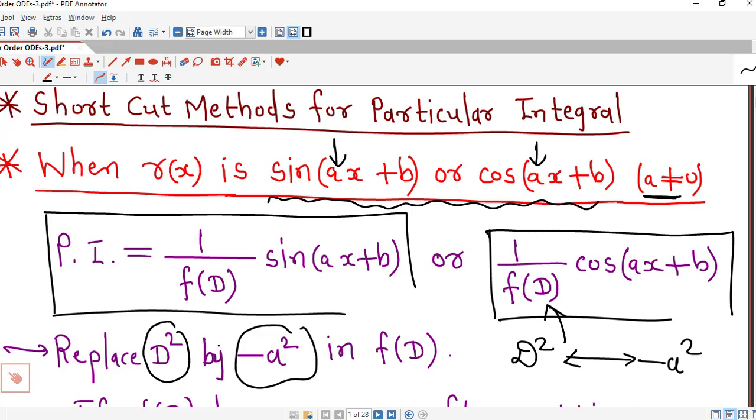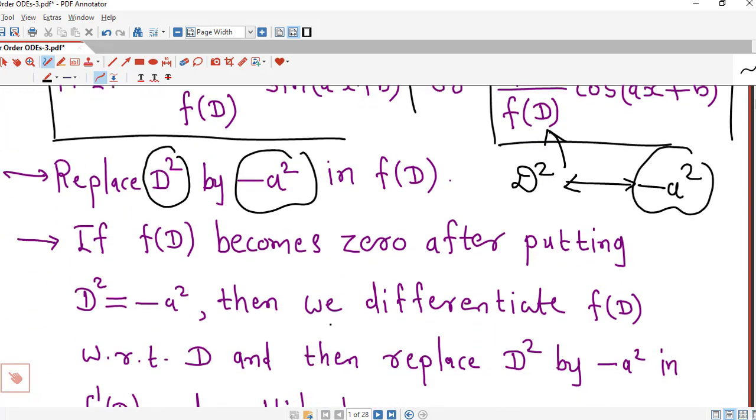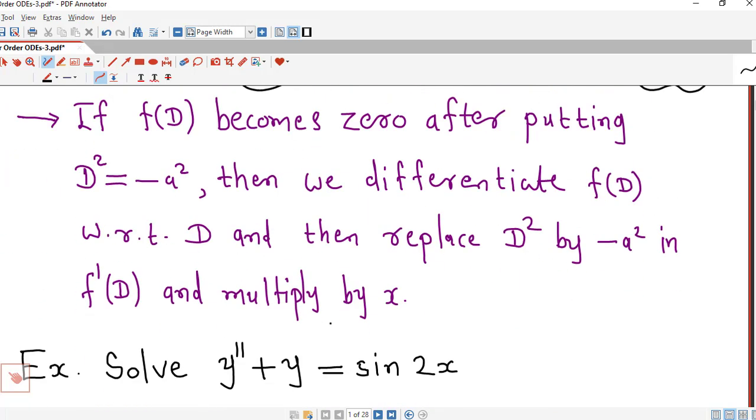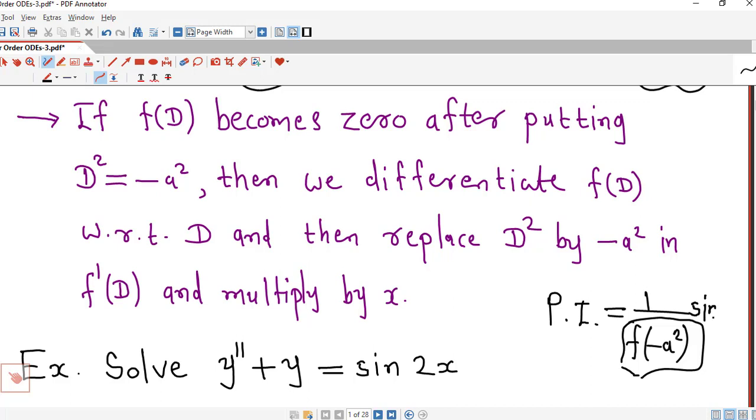So if there is a D square in f of D, that D square will be replaced by minus a square, and if after replacing D square by minus a square we have a non-zero term in the denominator, then the particular integral will be 1 over the value of f of D at D square equal to minus a square, times sine of ax plus b or cos of ax plus b.